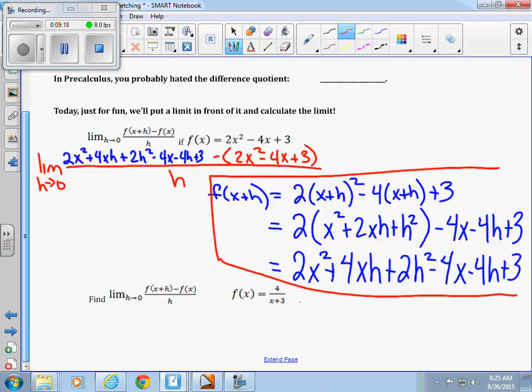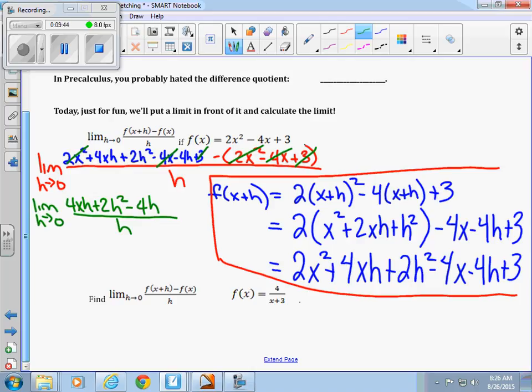And a 3 and a 3 cancel. So essentially everything in red at the top cancels. So I'm left with the limit as h approaches 0 of 4xh plus 2h squared minus 4h all over h.